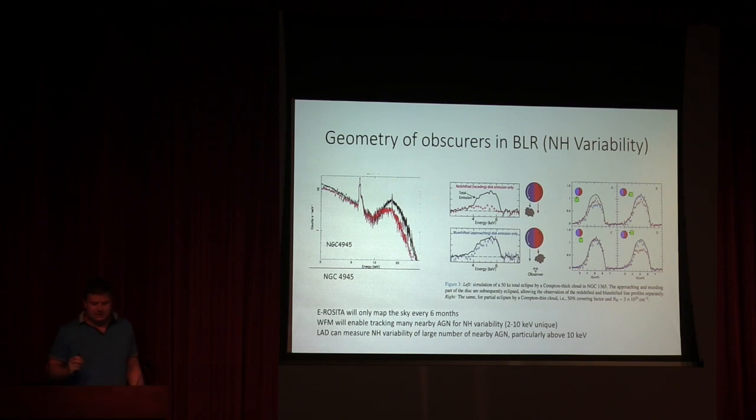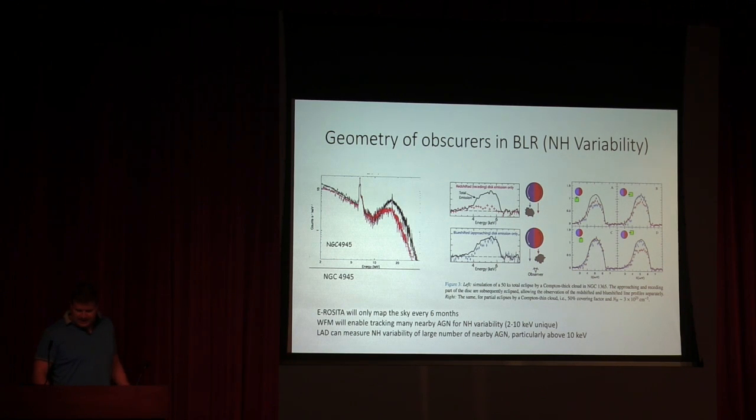The important thing here is that eROSITA will map the sky, but it'll only do sources about every 6 months. So you're not going to have the capability to find these sources that have these sudden changes in column density. This is just showing an example of what happens if you had some sort of eclipse and how it might change the iron line region.